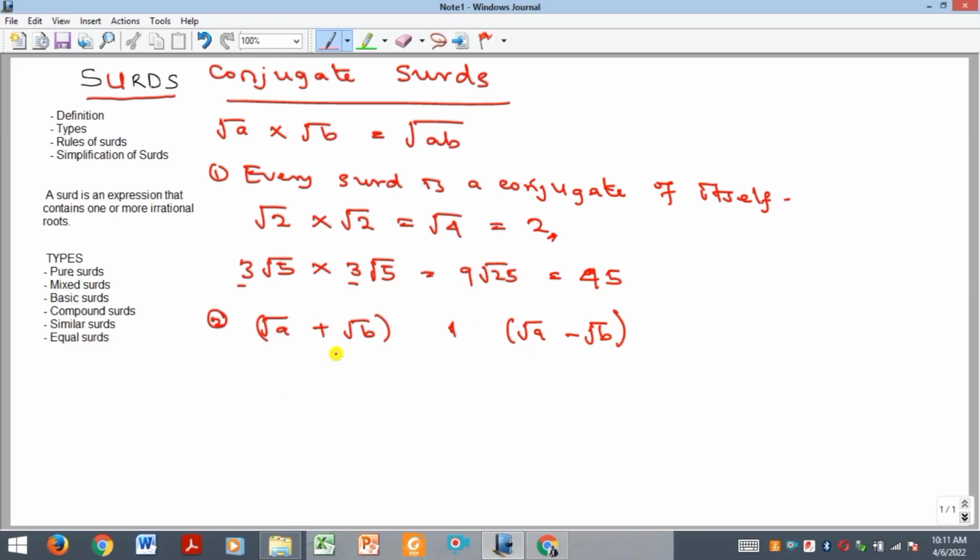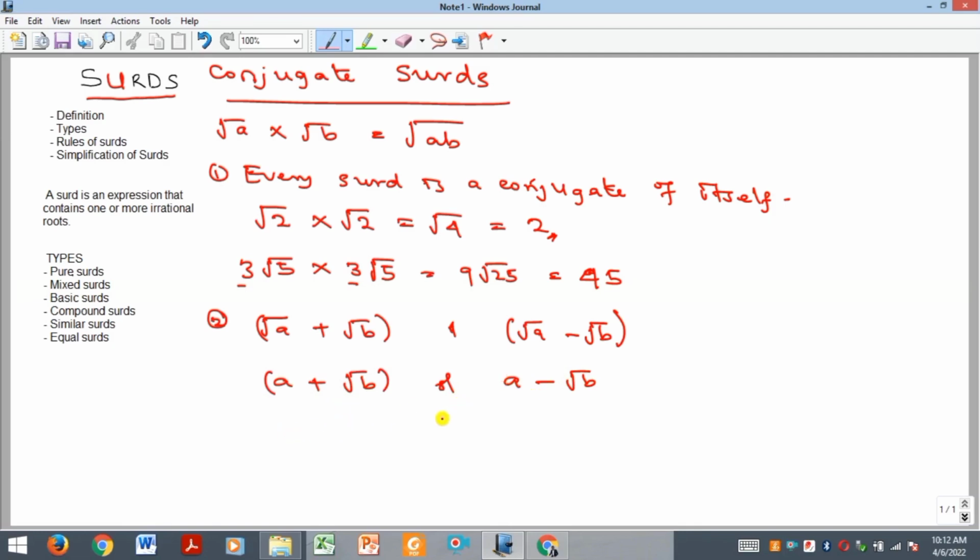Remember that this is also a pure surd. Assuming what you have is a mixed surd, let's say a constant, a plus root b, the same thing happens. The conjugate of this is a minus root b. So if it is minus, the conjugate becomes plus. If it is plus, the conjugate becomes minus.